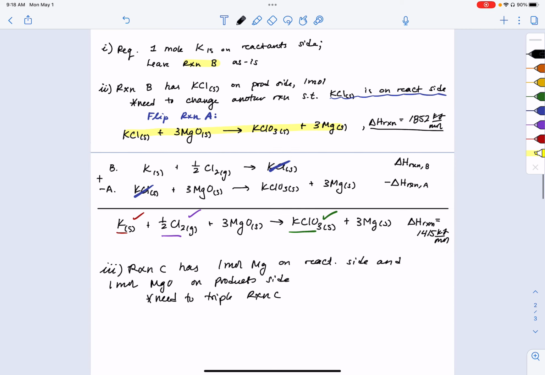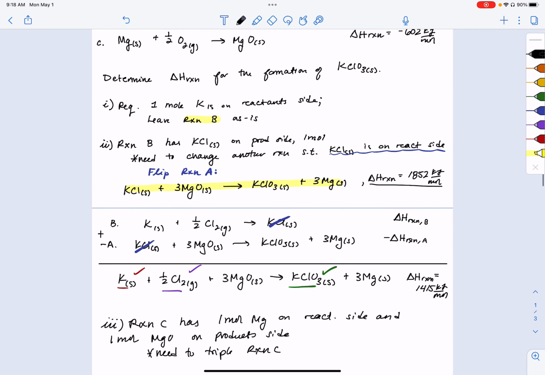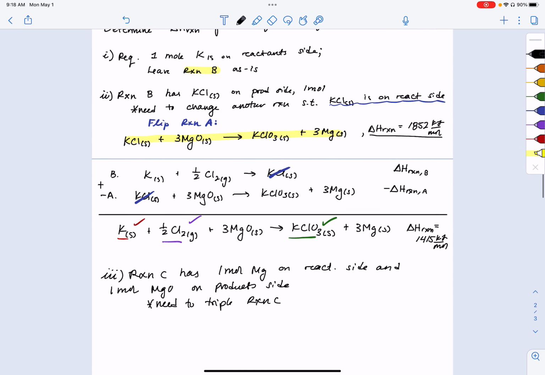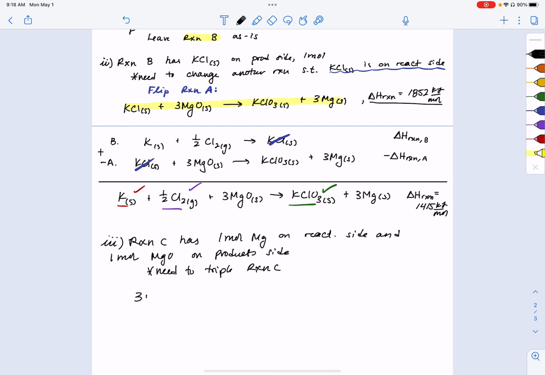So if I'm going to triple reaction C, then I'm going to have 3 magnesiums plus 3/2 oxygens going to 3 MgO, and I cannot forget that since I have tripled this reaction, I need to now triple its heat of reaction.